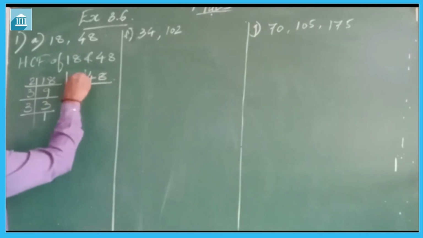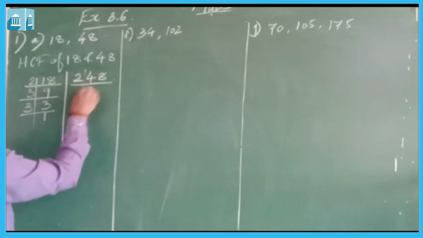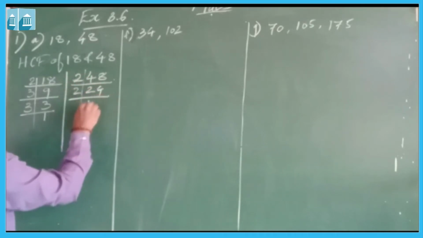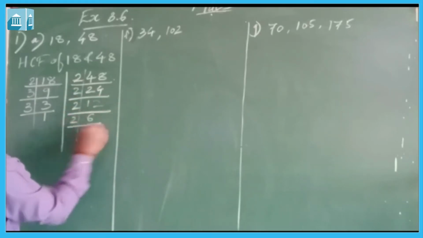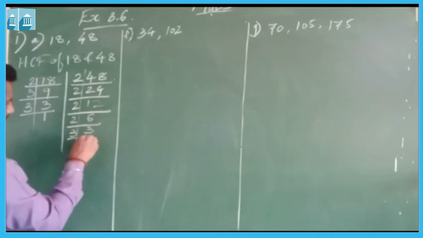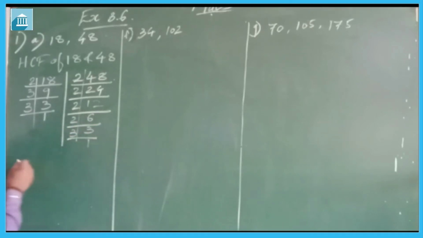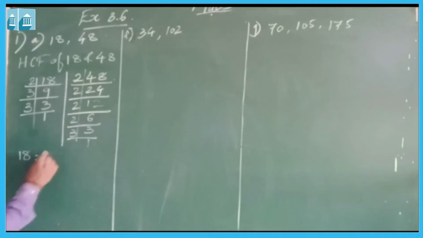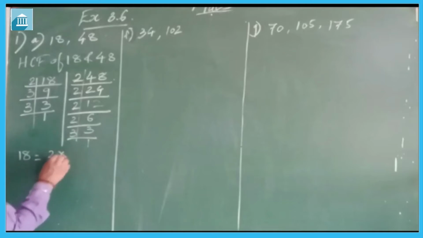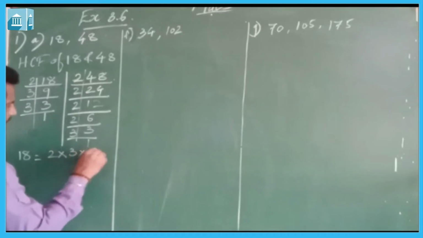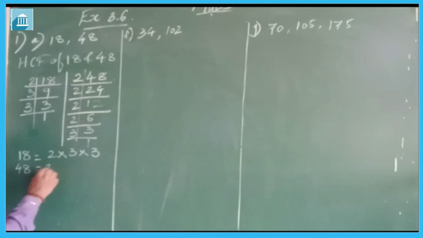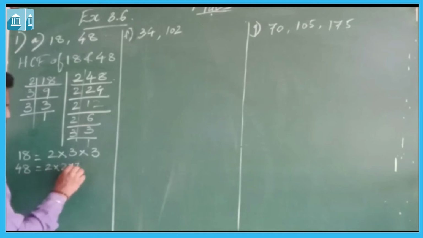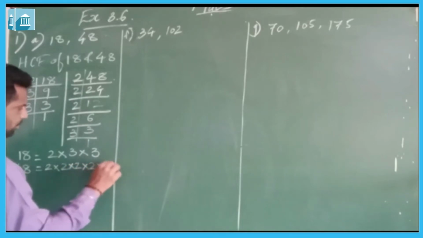Prime factorization of 48 means 2 into 24, 2 into 12, 2 into 6, 2 into 3 and 3 into 1. So if we see, 18 is equal to 2 into 3 into 3 and 48 is equal to 2 into 2 into 2 into 2 into 3.